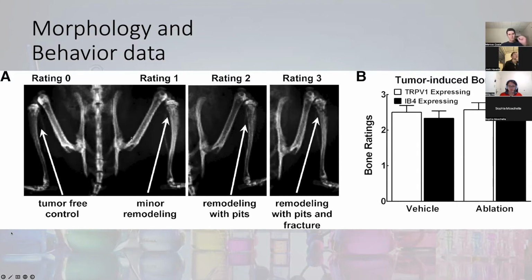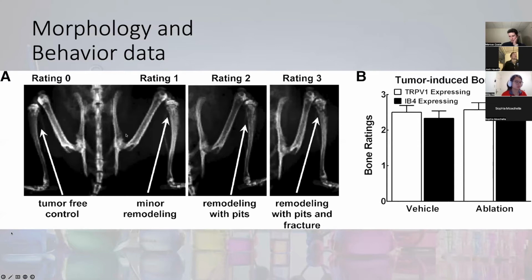In this study, we were looking at how severe bone remodeling occurs after these animals had breast cancer cells metastasize to their bones and start remodeling their bones, right?